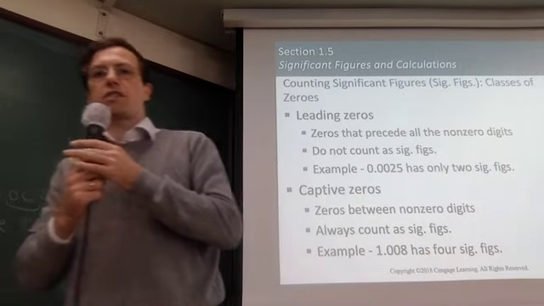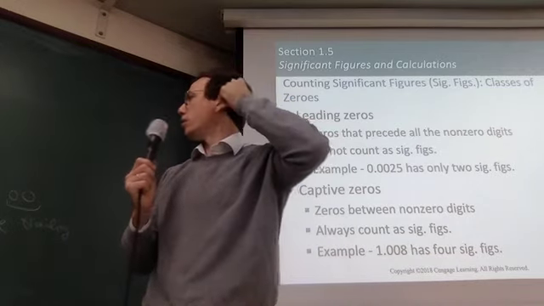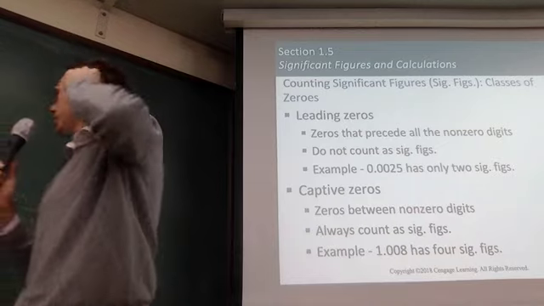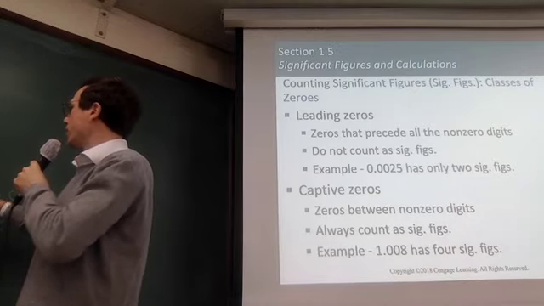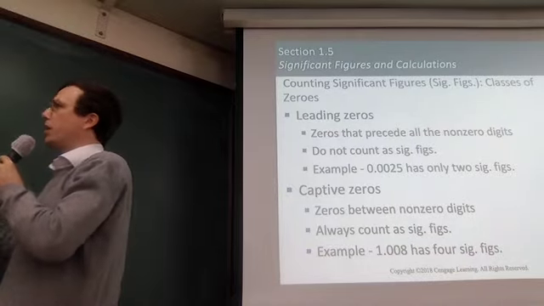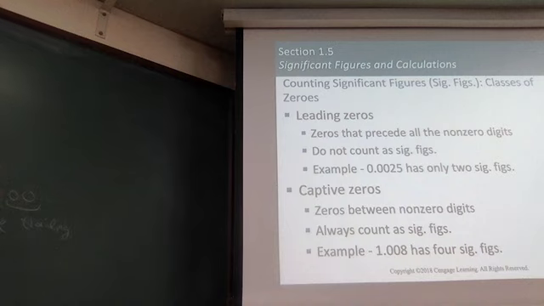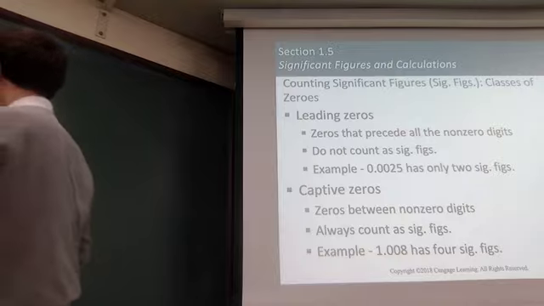For the leading zeros, we usually don't count them, because typically we can write it in the exponential notation like this, right? So everything which goes in front doesn't really matter for the number itself. I will just write x here. They don't count.